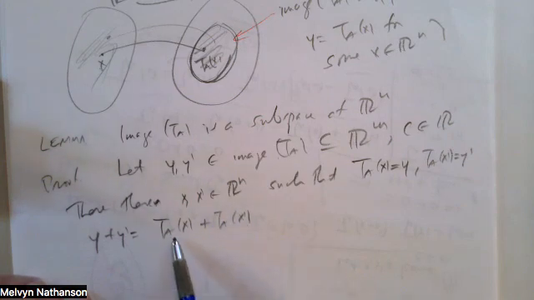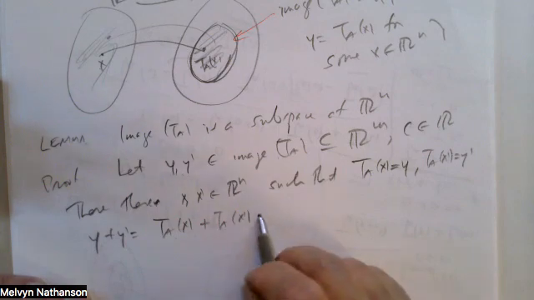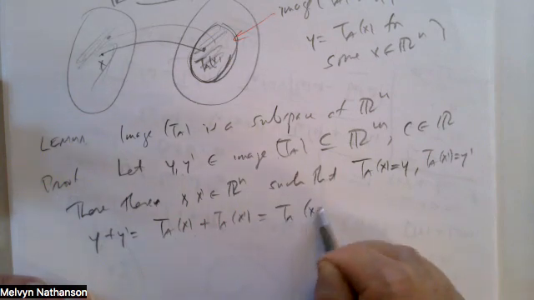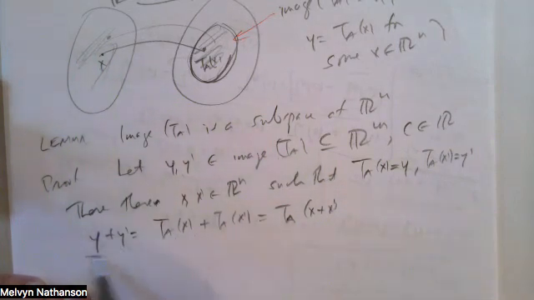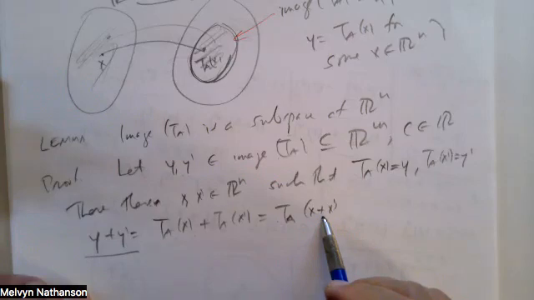But by the additivity of a linear transformation, this is T sub A of x plus x prime. That means this vector is the image of a vector back in Rn.